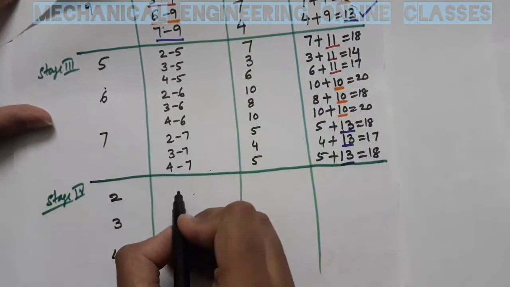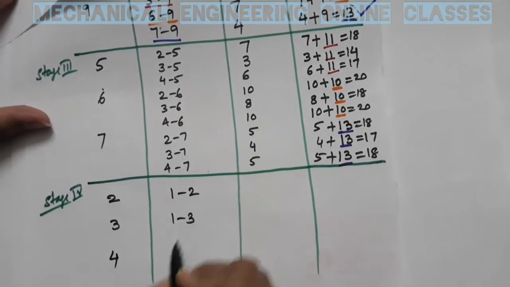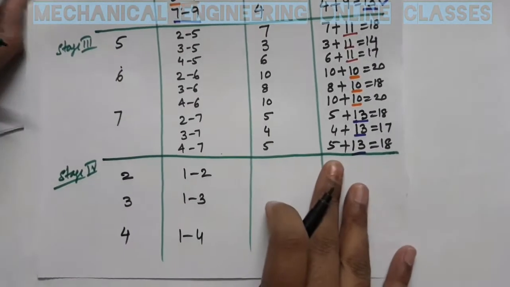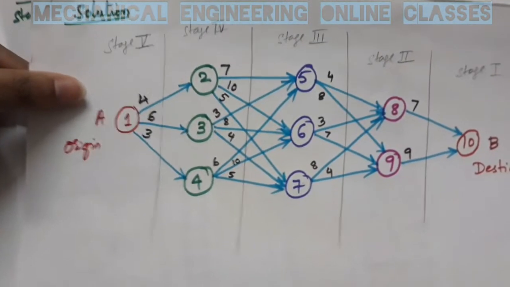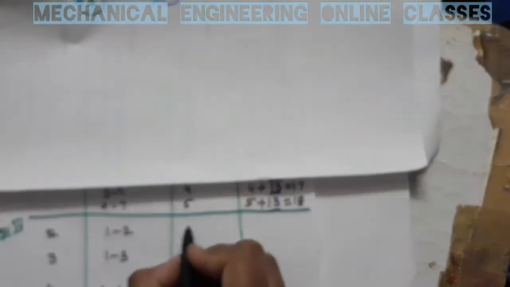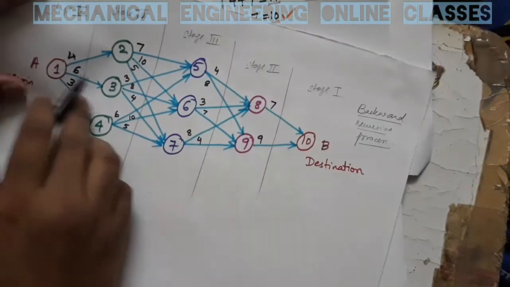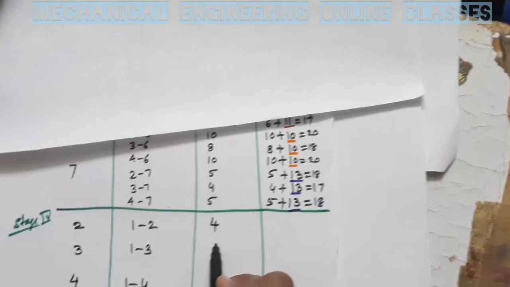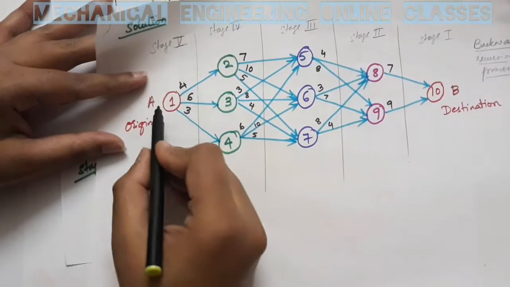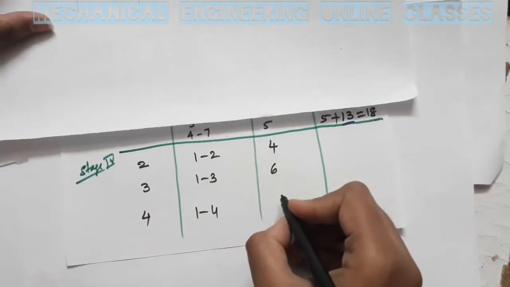So the possibility is 1 to 2, 1 to 3, 1 to 4. Now from the map, 1 to 2 distance is 4, 1 to 3 distance is 6, 1 to 4 distance is 3.